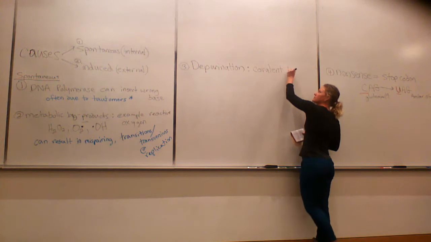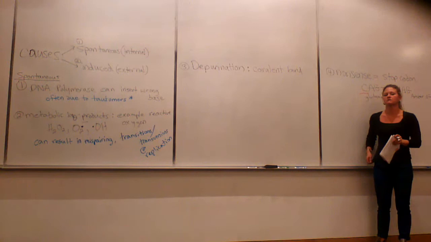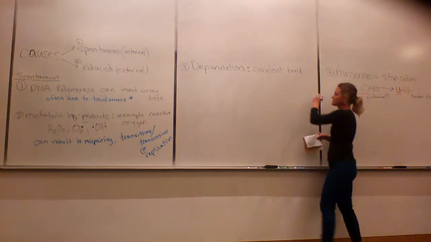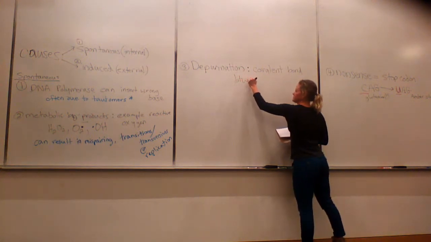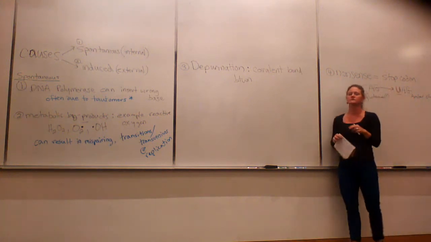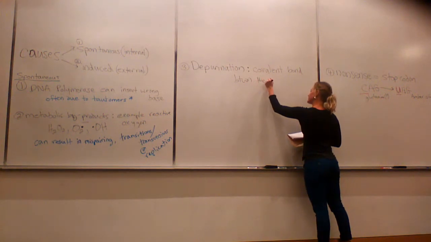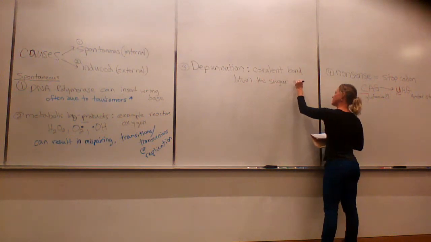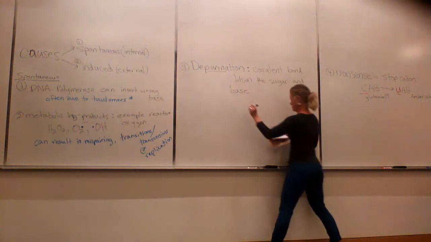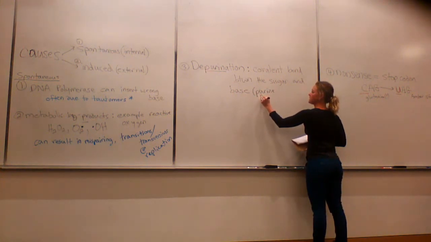What we're talking about here is removing a base, and the way you're removing it is that the covalent bond between the sugar, the deoxyribose, and the base gets broken. The base we're referring to is a purine. That's why it's referred to as depurination. So your A's and G's.